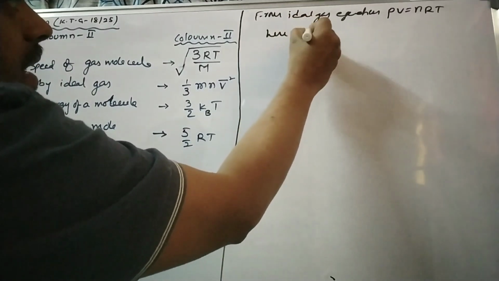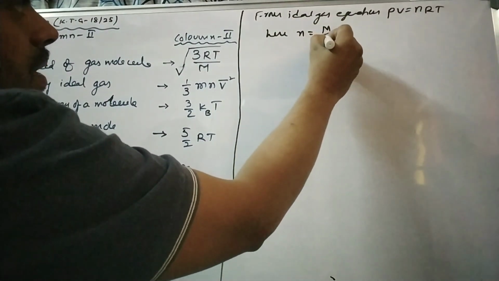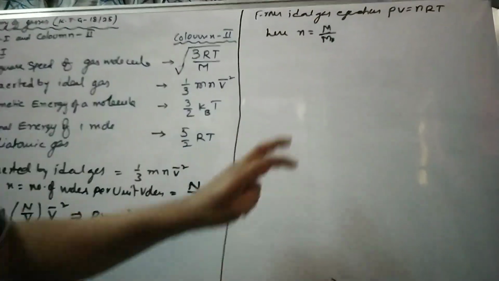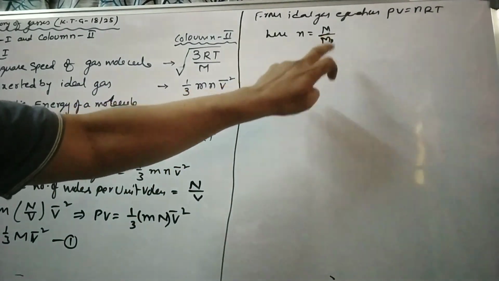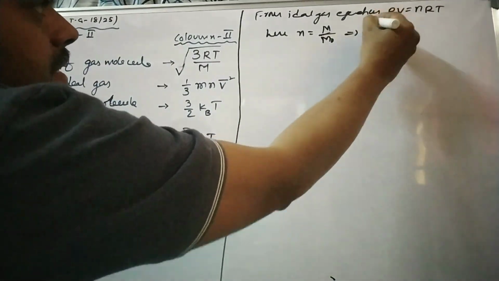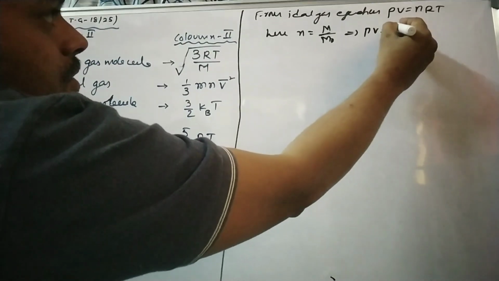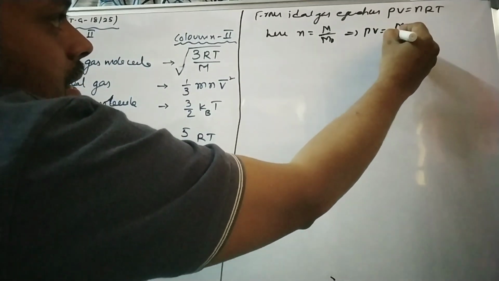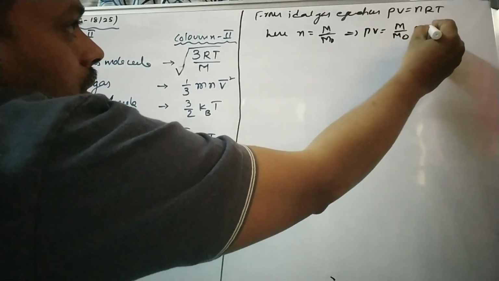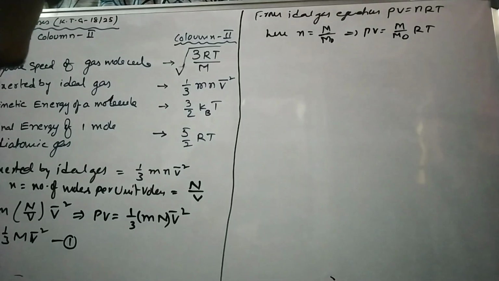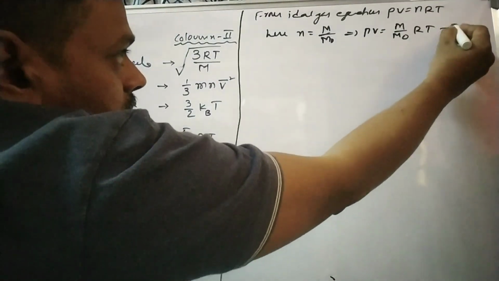Here small n is equal to M by m naught, the total mass of the gas by the molecular weight of the given sample. That implies this equation is modified as PV equals M by m naught into RT. This is equation 2.